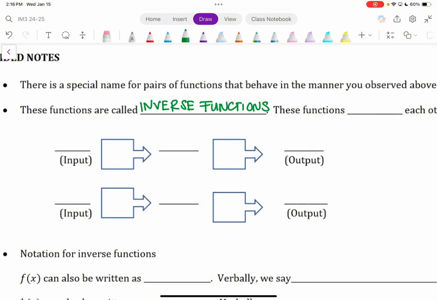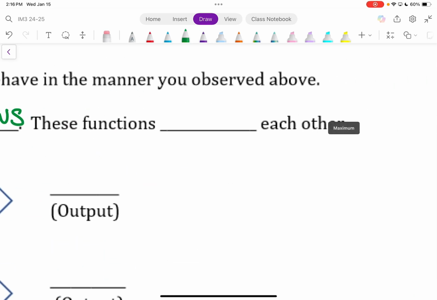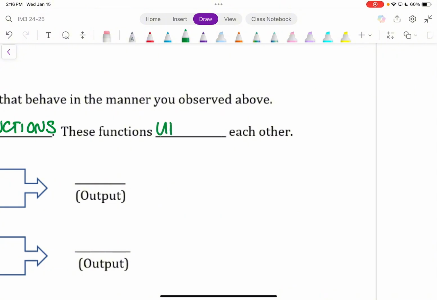If I add 3, but I do the inverse, which is to subtract 3, then what just happened there? I added a 3, but then I subtracted a 3. So what actually happened? Nothing happened, right? One thing canceled the other thing out. One function undid what the other function did. So that is what we're going to write in the second blank. These functions undo each other.